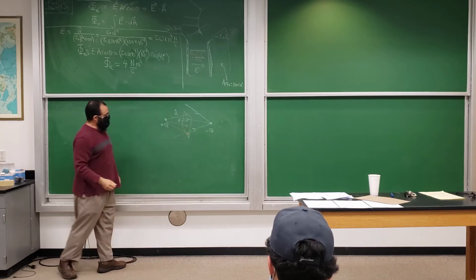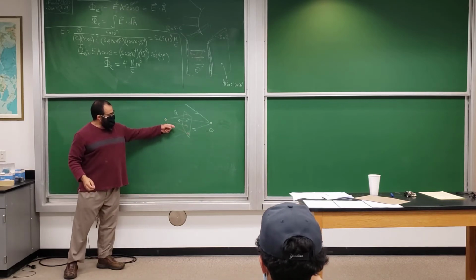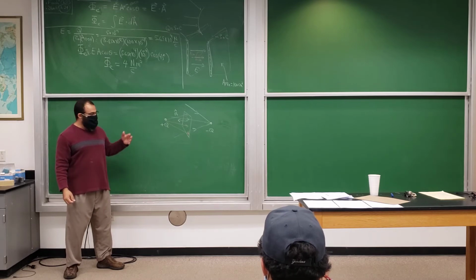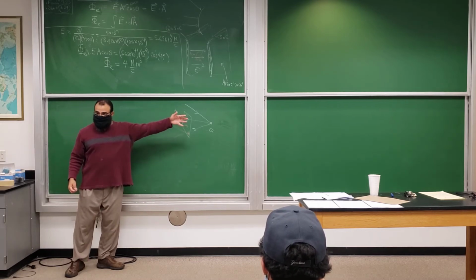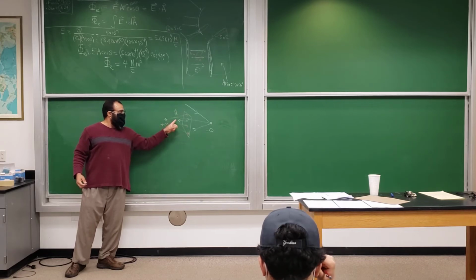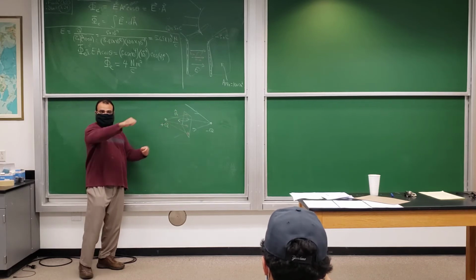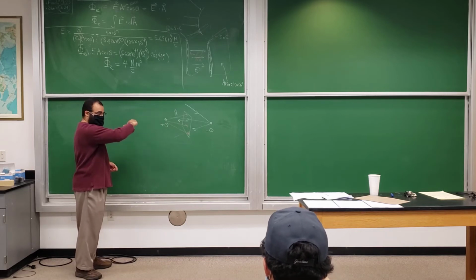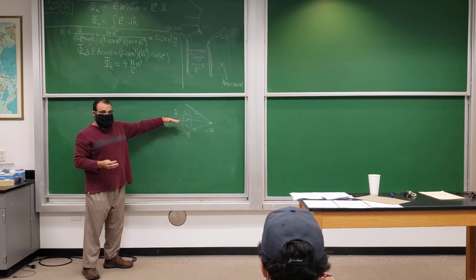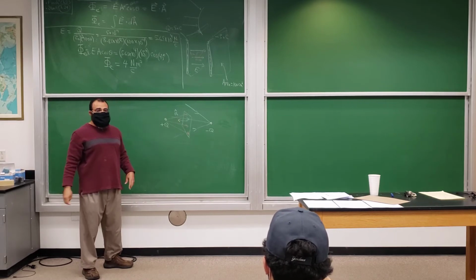So what do you notice about the red field and the blue field? In what direction are both of them? Right, to the right, in some direction to the right. So they are anti-aligned with the normal, right? The normal is this way, exactly to the left. And these have a component to the right.